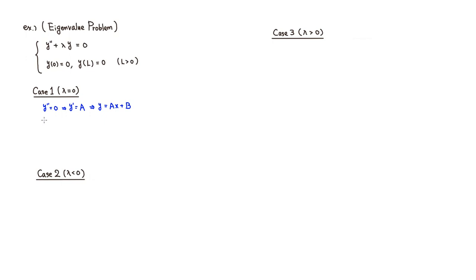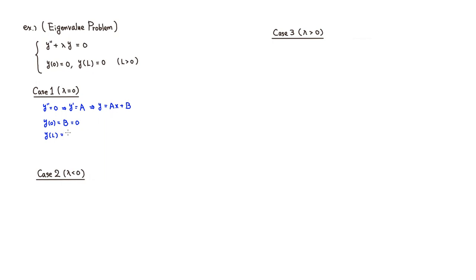Then we want to check y of 0. If you plug in 0, you're just going to get b, but this has to be equal to 0, so b is already equal to 0. How about a? Let's try y of L. Since b is equal to 0, I'm going to drop that out.